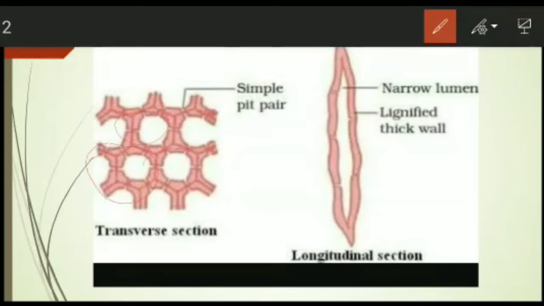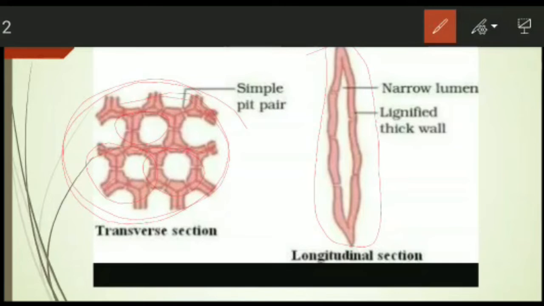When you see a horizontal thin cut of a stem, you will find these oval or polygonal cell structures, but actually the shape is like this. When you observe it under the light microscope, you may see this type of structure.